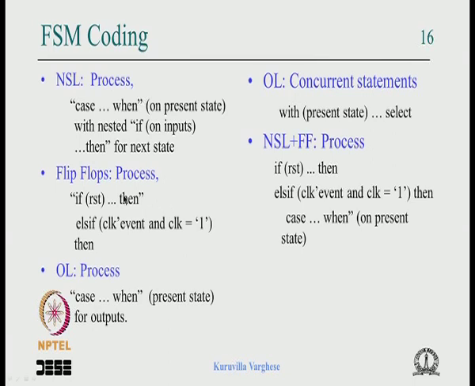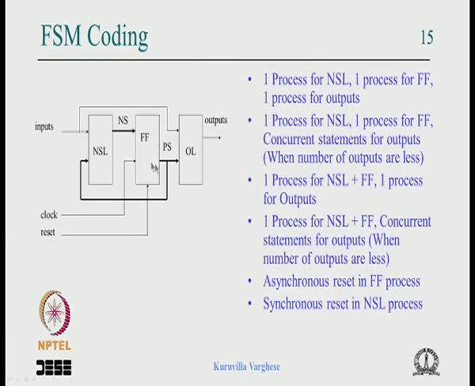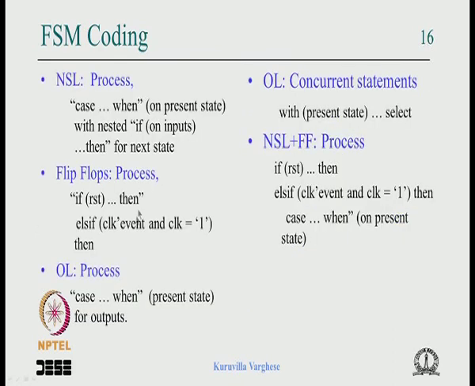Now when it comes to this particular block, it's very simple. We say if reset is 1, present state is the starting state, maybe S0, else if clock event and clock is equal to 1, present state gets the next state. That is what is shown here.